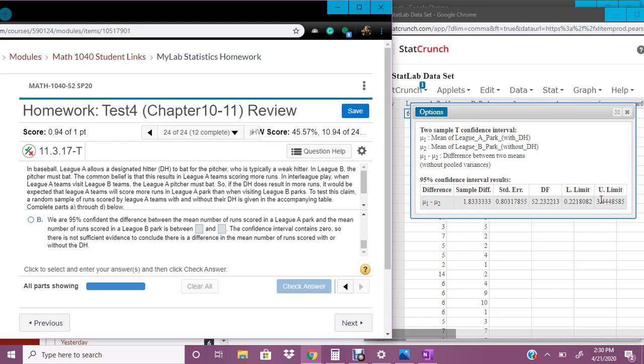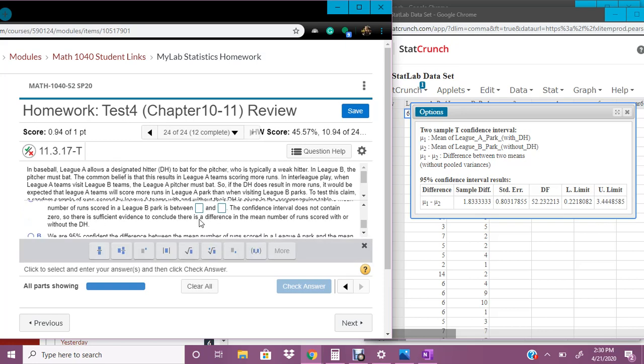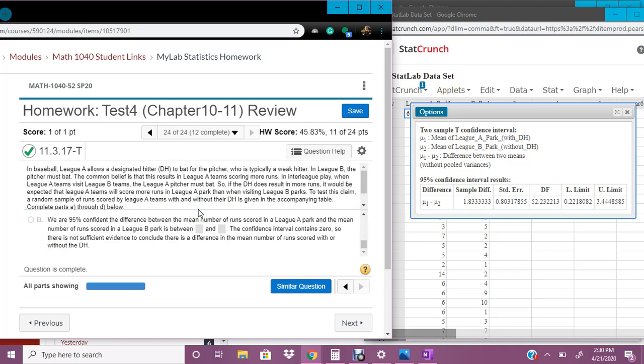And so therefore it does support what we've been saying, that we are going to reject that null hypothesis, that the difference between the two means will be 0, because 0 isn't even an option, and we're 95% confident that it's within that, and 95 is pretty good. So this one says that the confidence interval does not contain 0. This is what we want. Okay, and that's all for question 24.